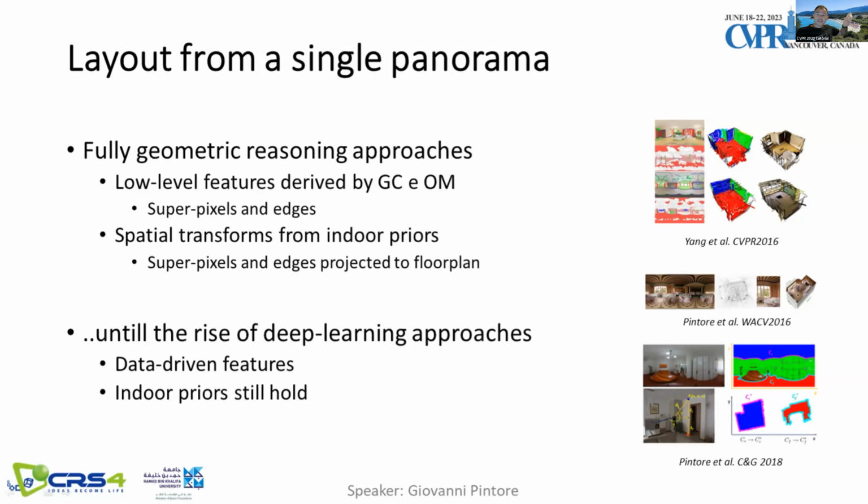And of course, this kind of approach can actually be easily adapted to deep learning architectures, which in fact has happened. In this case, the features of interest are directly derived by a neural network, while the priors, as we have seen, remain valid also for deep learning architectures.